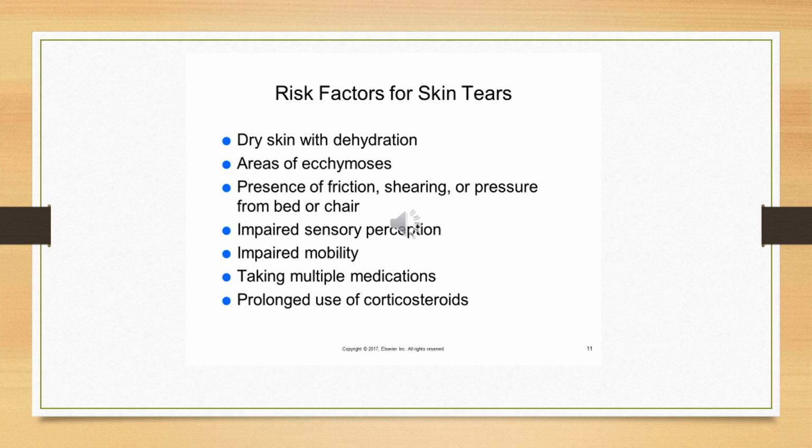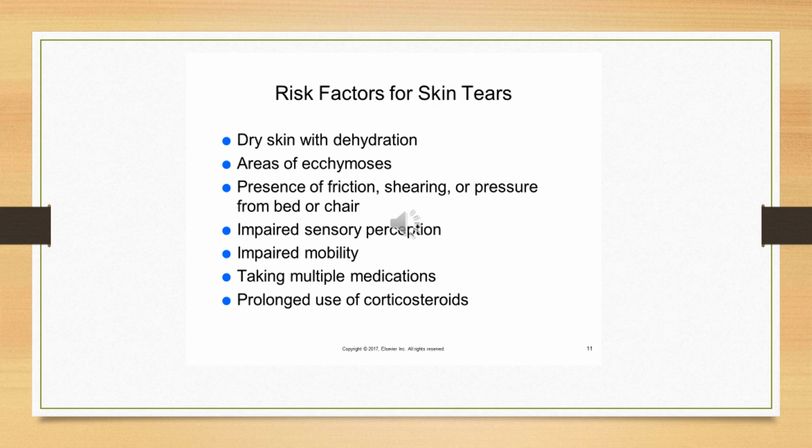But when you have shearing, instead of just turning that patient side to side to pull that sheet from under them, you just take that sheet and pull it against that person's skin, and it causes a skin tear. And so when you have your elderly patients, or people that are dehydrated, they're more at risk for skin breakdown. Remember, we said our elderly patients' skin is very fragile, and so doing that can easily cause a skin tear.